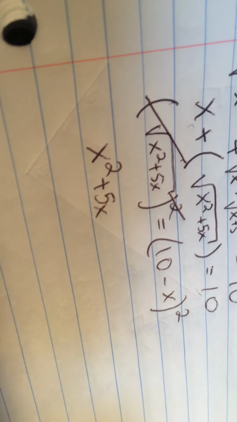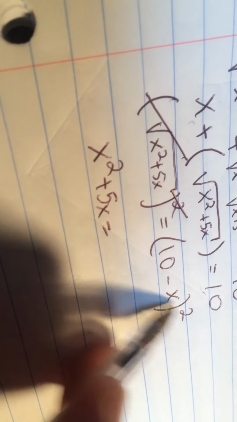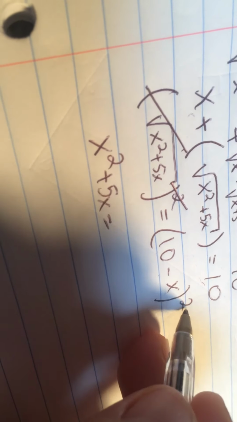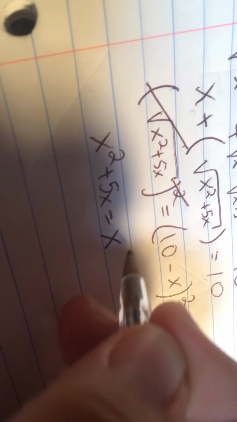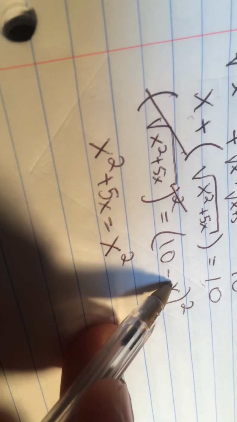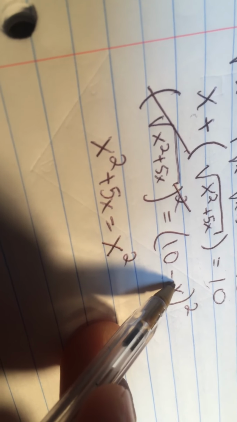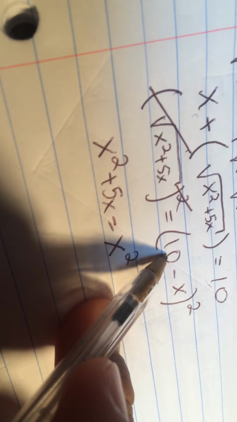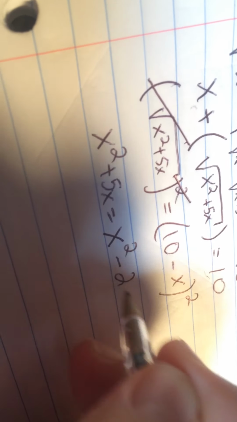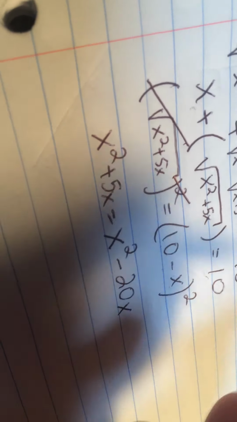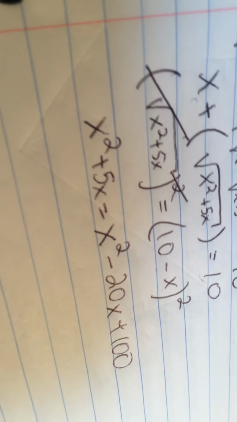This one is eliminated, so we have x squared plus 5x on this side, and then we have 10 minus x to the square. X to the square, even if it's negative, x squared. 2 times 1, 2 times negative 1, sorry, is negative 2 times 10, negative 20x, and then 10 to the square, plus 100. Now we already know that this one gets eliminated with this one.